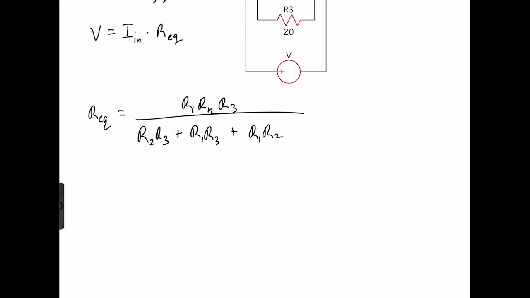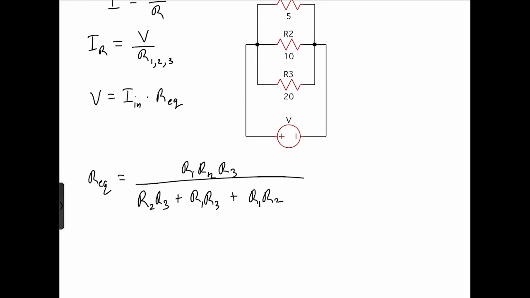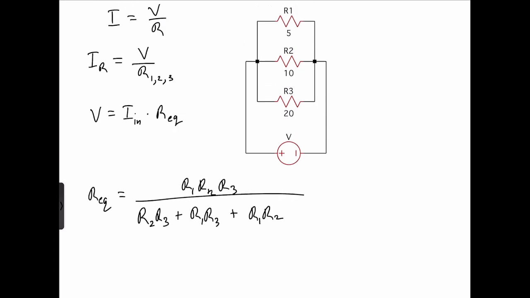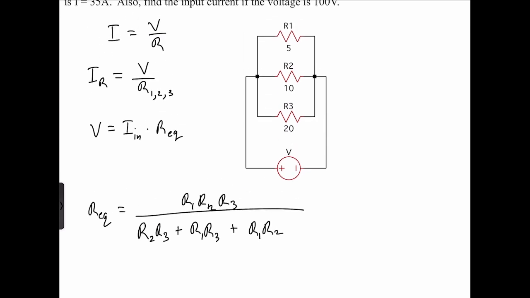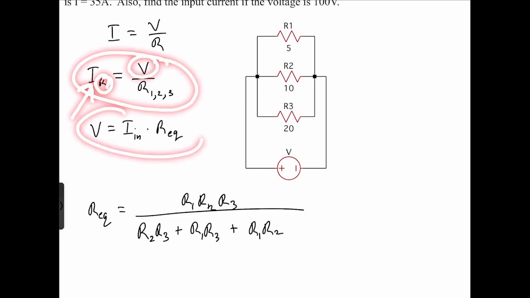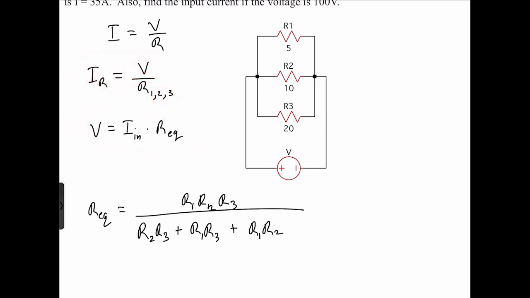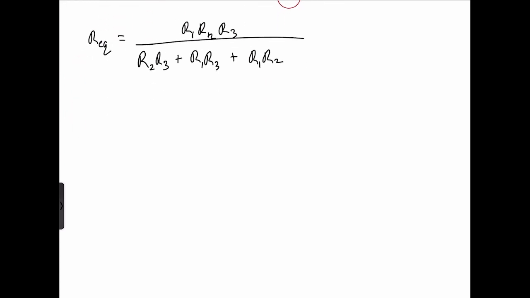Now that we have the formula, we can go back and see that the current through a resistor is equal to the expression for V divided by the resistor R1 or R2 or R3. So let's do that.